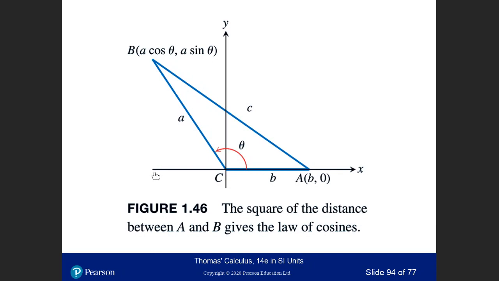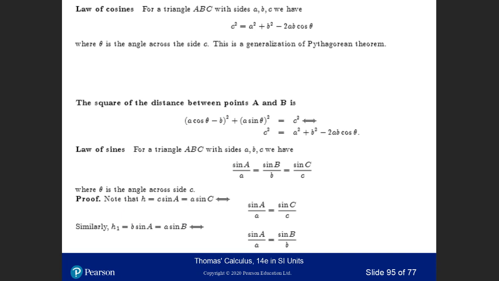Now, the square of this distance from right under B to A: right under B is a cosine theta, which is a negative number, minus b. We can write it as b minus a cosine theta. It doesn't make any difference since we are taking the square.